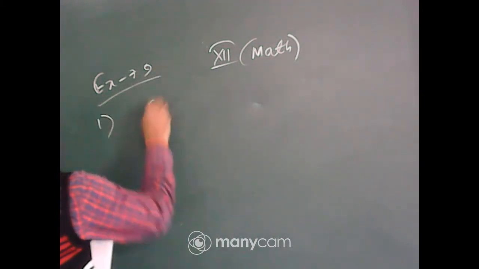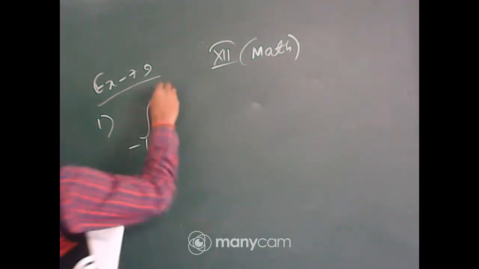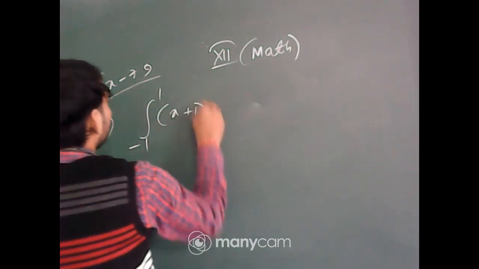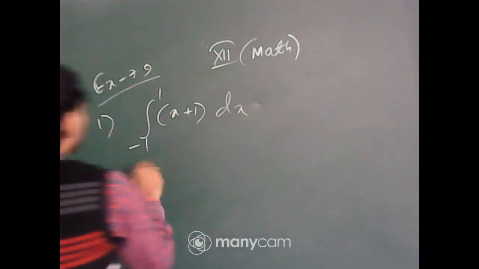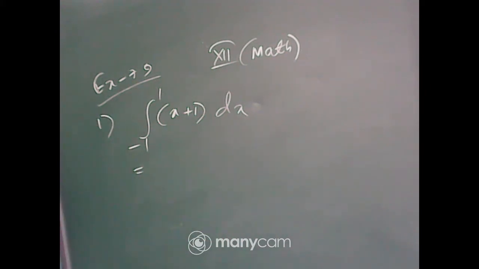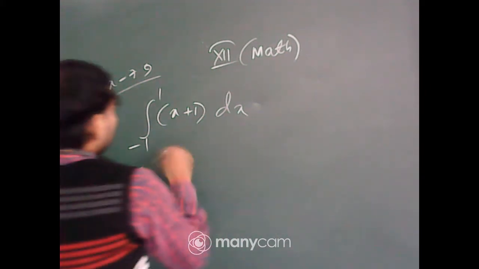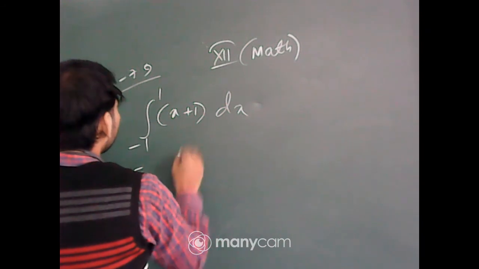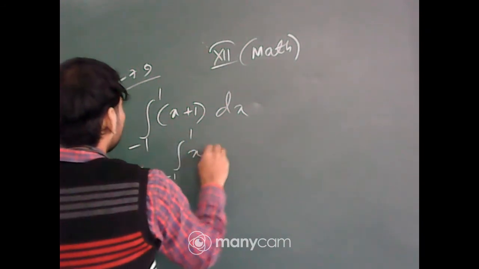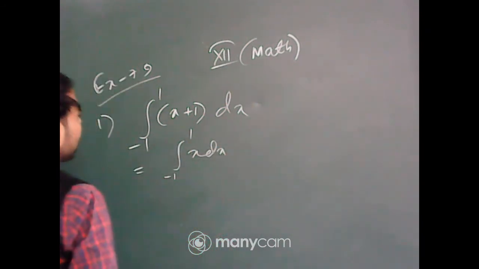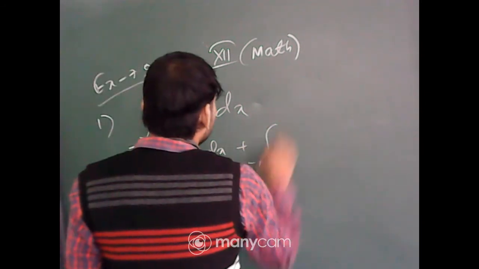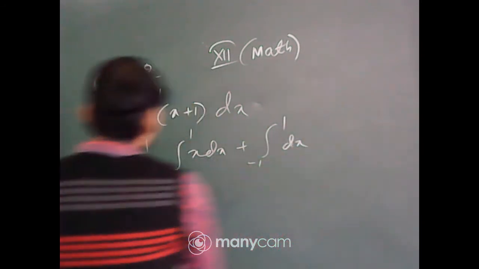Question number 1, that is integration from minus 1 to 1 of (x plus 1) dx. First of all, do the integration. You may do separation here. So integral from minus 1 to 1 of x dx plus integral from minus 1 to 1 of dx.